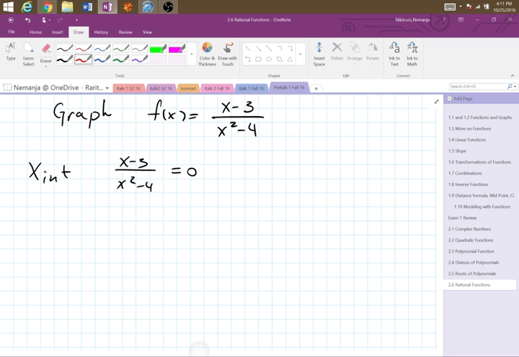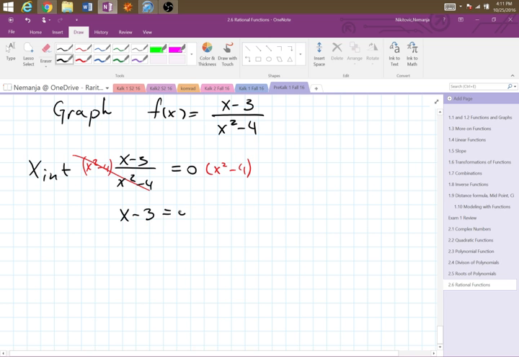Yep, intermediate algebra. I thought we said the x squared minus 4 equals 0, not the whole thing. That's for vertical asymptotes. We're doing x-intercepts now. So x equals 3.